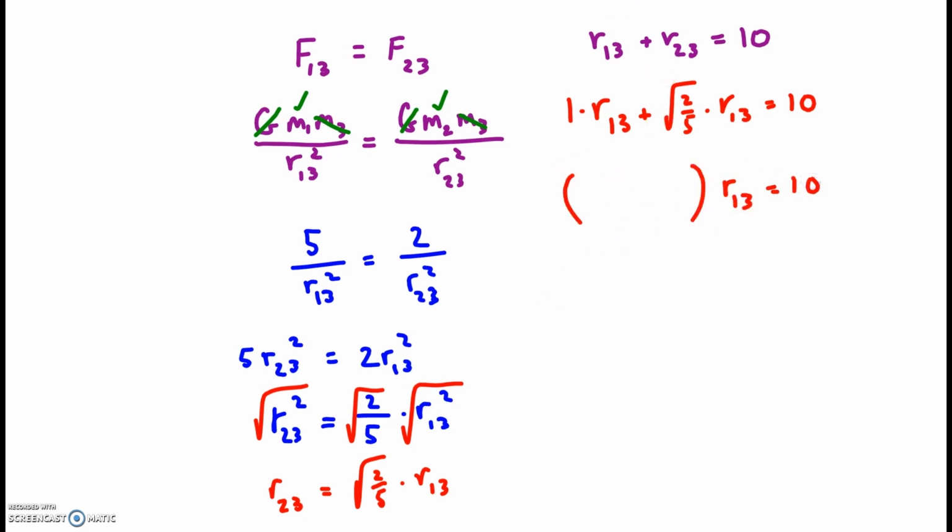What do we have in parentheses? 1 plus radical 2/5. And that's being multiplied by R13. So to isolate, we divide both sides by this. And the answer is 10 meters over 1 plus radical 2/5. We can calculate that pretty easily.